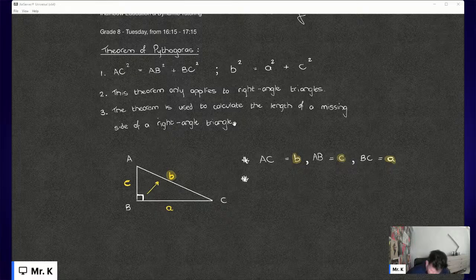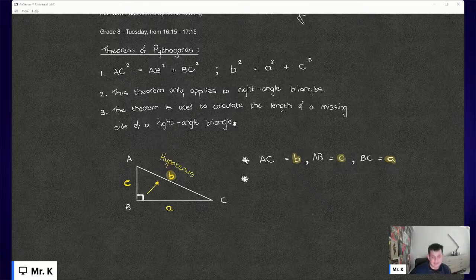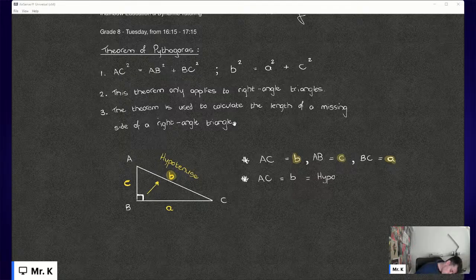It has a unique name, and that name is the hypotenuse. And yes, that is a word that you need to know. So you can say side AC can be called side b, and both of these are still going to be called the hypotenuse.